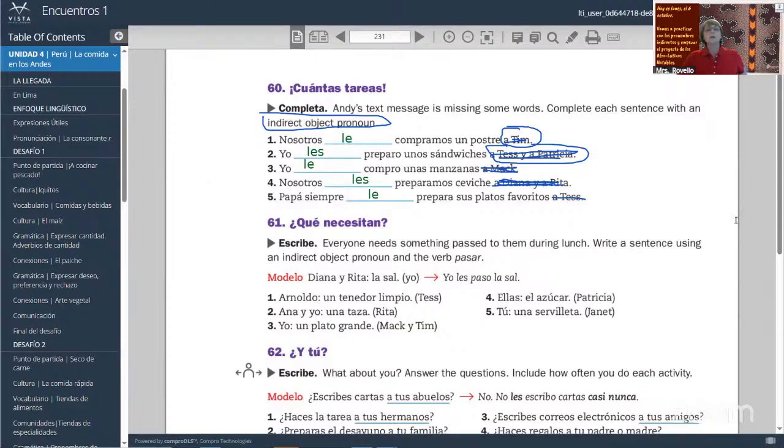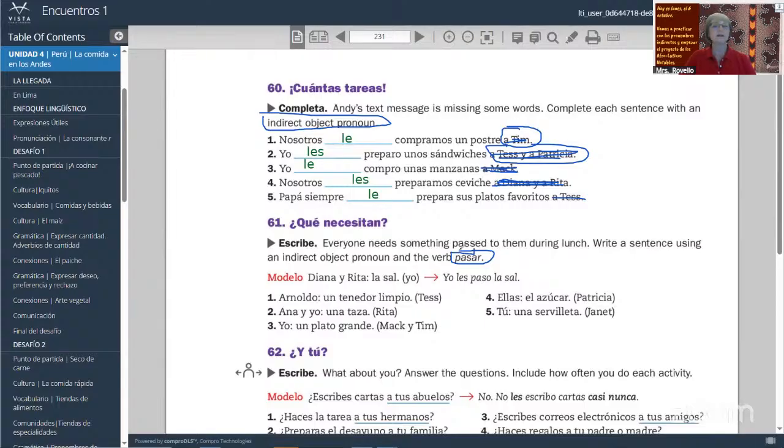All right. Make sure that you can see my screen. Okay. And I'm going to assign each of you a sentence. So I need you to put it in a sentence and notice what our directions say. It says here, listen carefully, we're going to use the verb pasar.